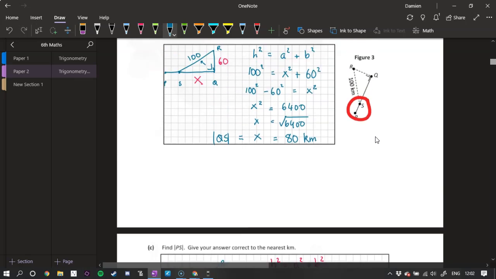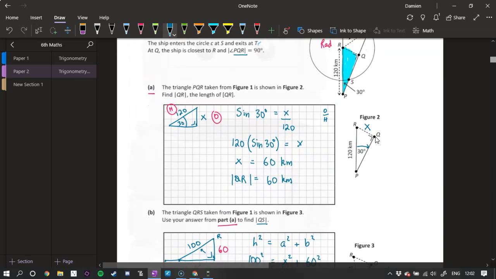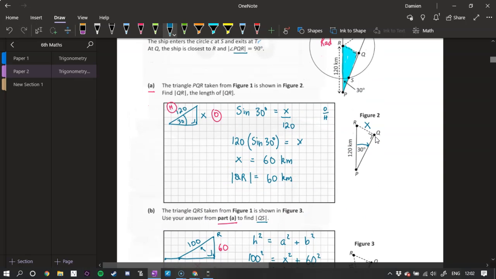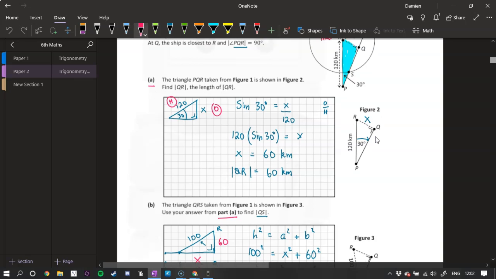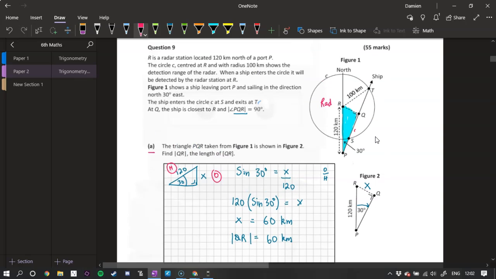However, when we go back to look up here, we already had QS. So QS, we figured out in part B, QS works out at 80 kilometers. So it's 80 kilometers from S to Q. And now we have the value from P to Q, which means we can actually figure out what's left.